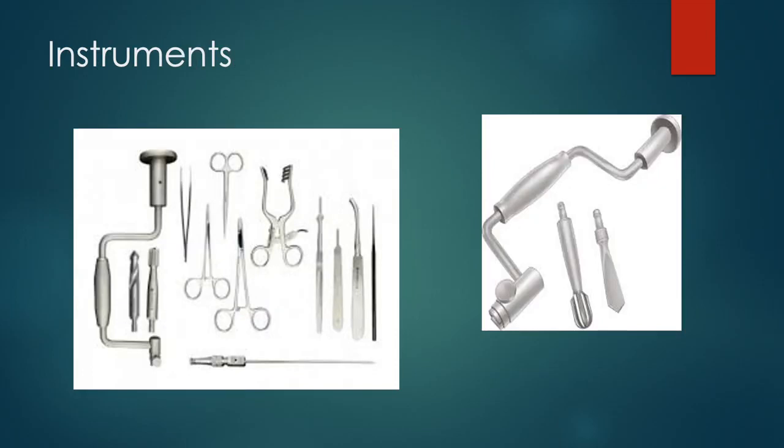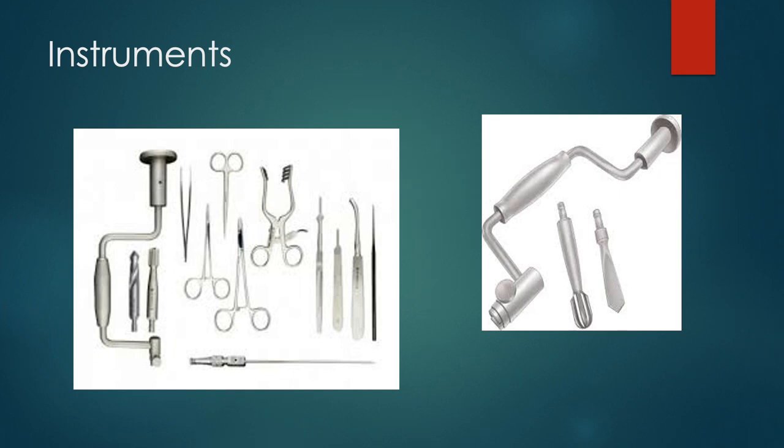So the instruments that we use to do bar holes, craniotomies, and probably craniectomies. So we have the Hudson brace. It's a hand drill or a manual drill. And then we have the perforator, and then the bar, and then the other instruments that are important, of course, the blade handles.